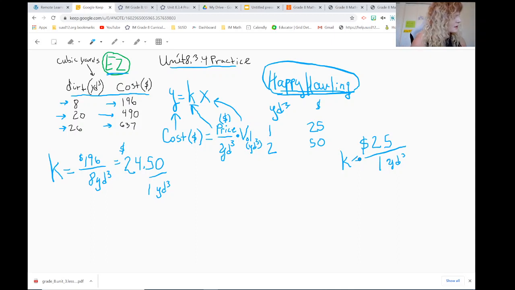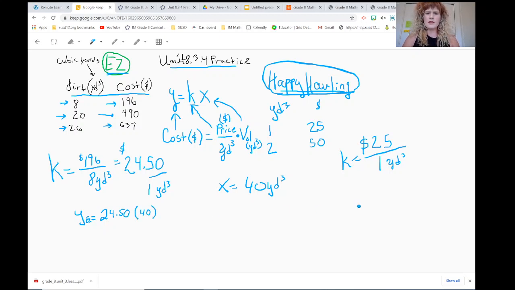Question number 1 asks how much would each hauling company charge to haul 40 cubic yards of dirt. So if our x equals 40 cubic yards, how much is the y value? Okay, go over here for Easy. y for Easy equals $24.50 per yard times 40 yards.